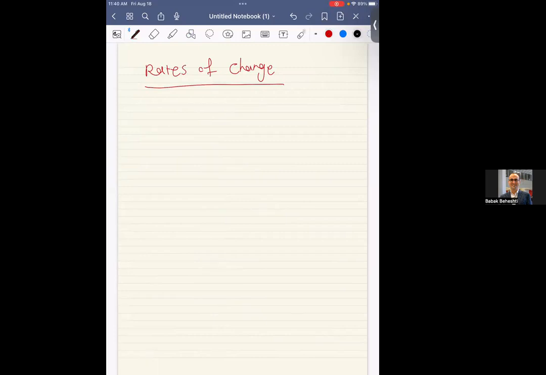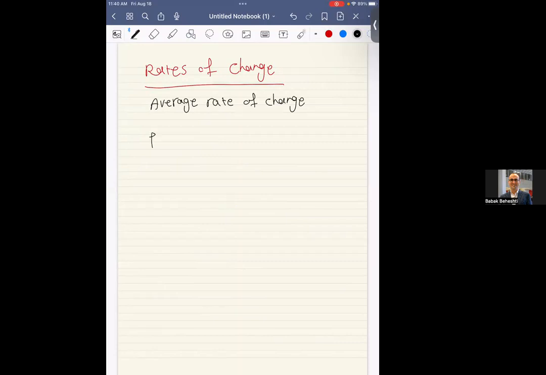One is the average rate of change. What is the average rate of change?